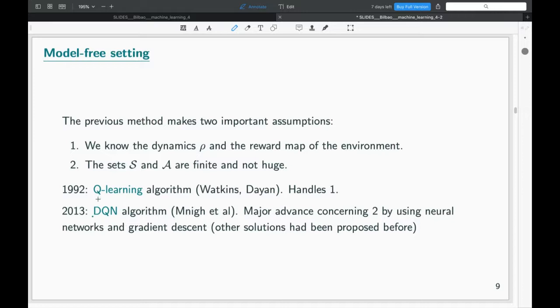So now I'm going to describe the Q-learning algorithm, and then I will describe the DQN. DQN is very similar to Q-learning, but you have to replace something by a neural network and update state by a gradient descent step.